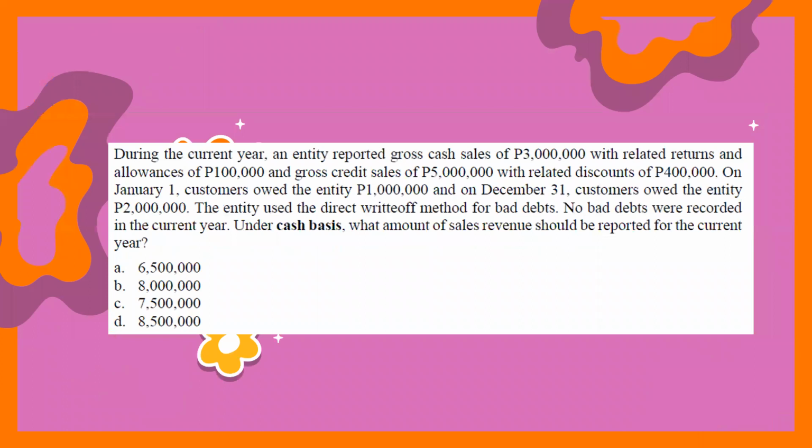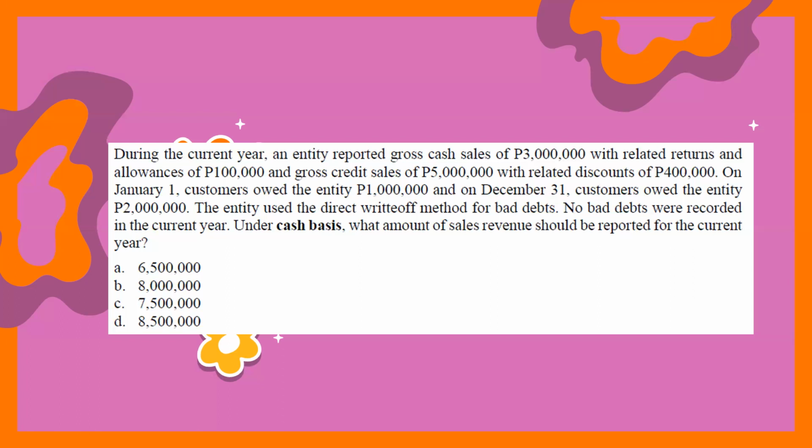Let's go now to problem number 2. Under cash basis, what amount of sales revenue should be reported for the current year? Again, it's the same. During the current year, an entity reported gross cash sales of 3 million with related returns and allowances of 100,000. And credit sales, gross credit sales of 500,000 with related discounts of 400,000.